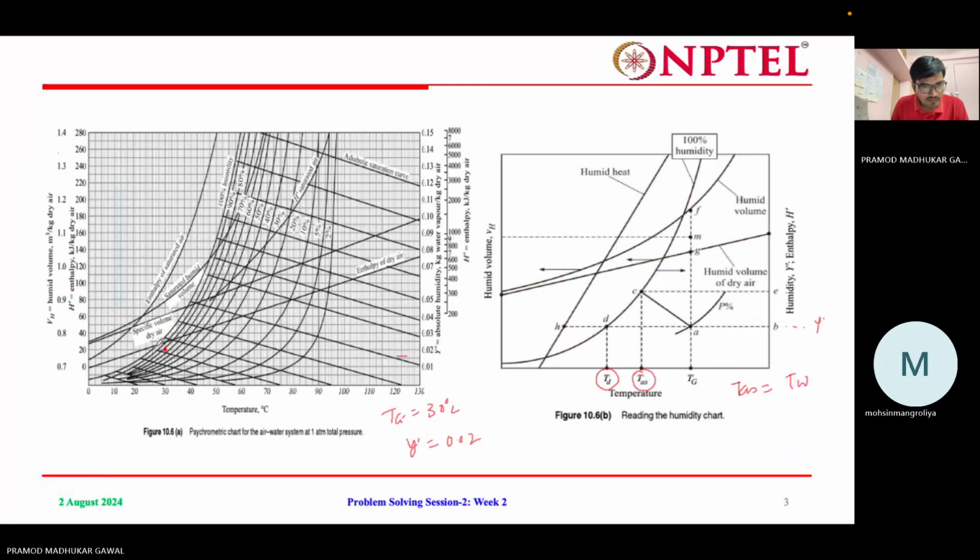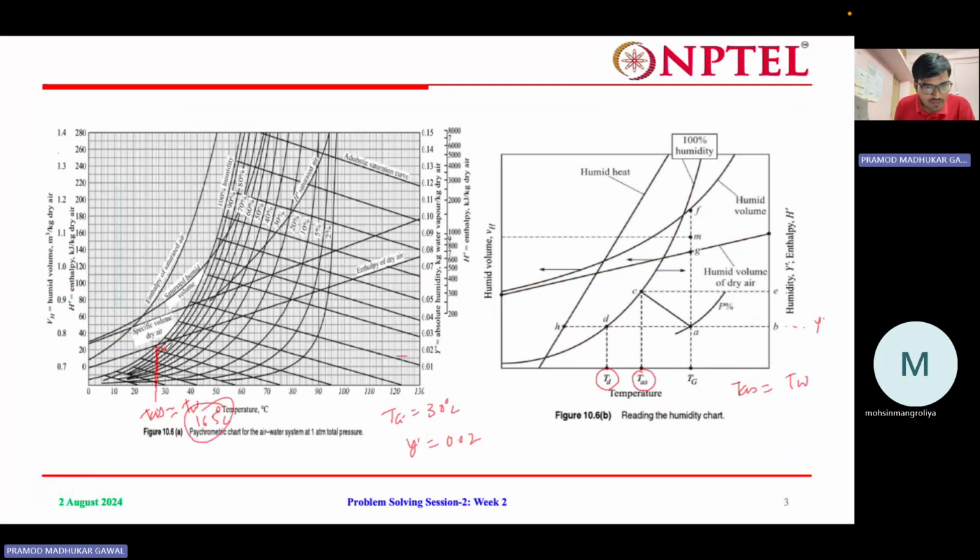Now draw the line to the y-axis. This is the adiabatic saturation temperature TAS, which equals TW, the wet bulb temperature. Counting 1, 2, 3, 4, 5, it is 16.5 degrees Celsius, the adiabatic saturation temperature.